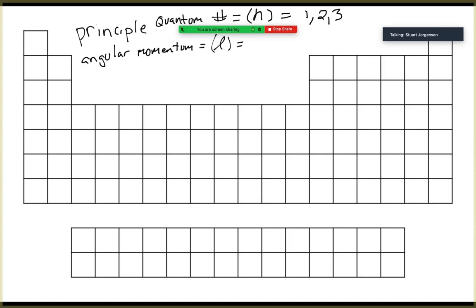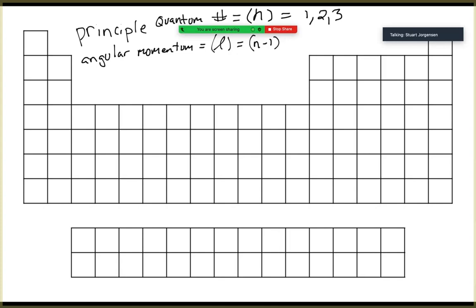And so our l value is going to start with 0 and work our way out. It's always going to be from 0 up to n minus 1. So you'll always be one less than whatever your n quantum number happens to be. So there's our shortcut, n minus 1, but it's still going to be some whole number integer. It's got to be from 0 to 1 less than what your n value is.